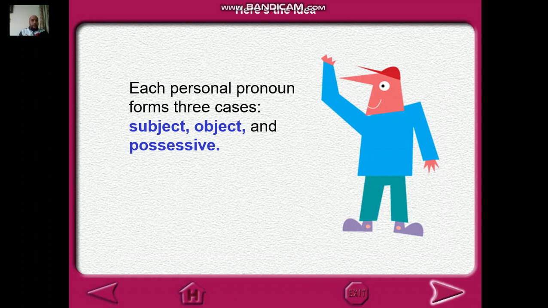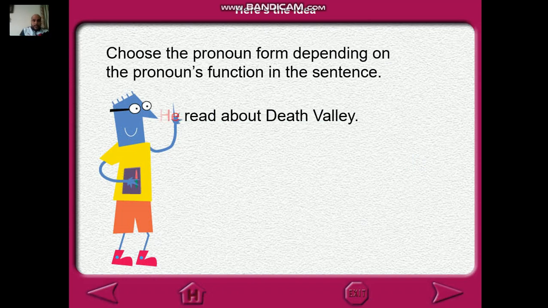Each personal pronoun forms three cases: subject, object, and possessive. Here we have chosen the three forms that we have in the book, but we still have, for example, the subject pronouns, the object pronouns, the possessive pronouns, and we still have the reflexive pronouns, for example. Okay.